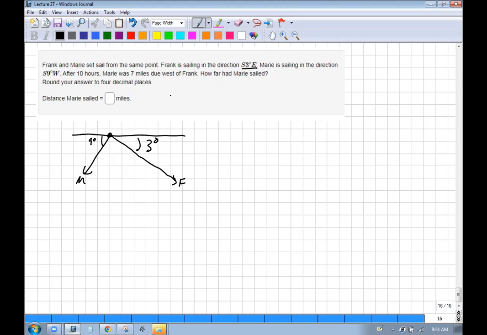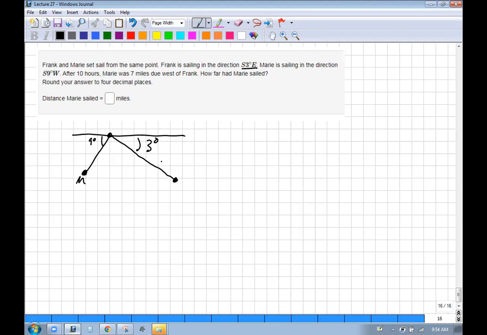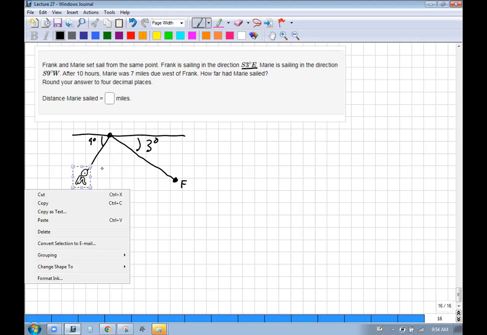Mary, okay, so here's Mary. Let me put a dot. And here's Frank. Mary was 7 miles west of Frank. So let me exaggerate this a little bit.